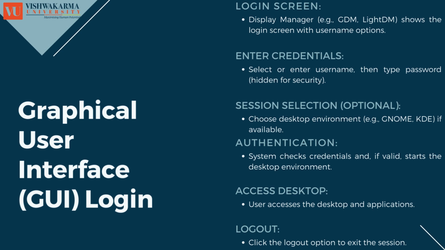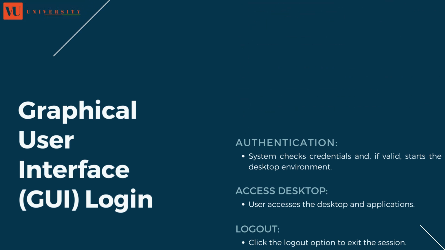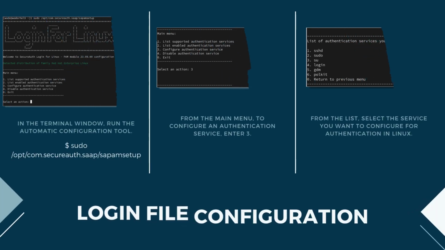Third is session selection, optional. Choose the desktop environment, GNOME or KDE, if available. Authentication means the system checks the credentials and, if valid, starts the desktop environment. Fourth is access desktop: the user accesses the desktop and applications. Last one is logout.